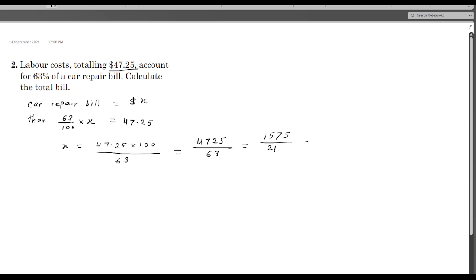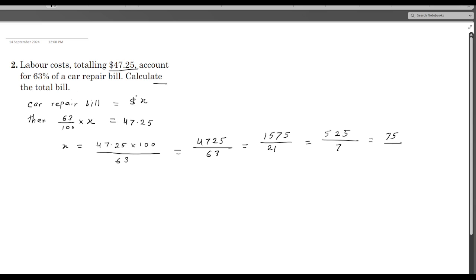Okay, again we can divide with 3, so 525 divided by 7. Now let us divide with 7. 7 7 the 49, 49 3 52, 35, 7 5 the 35. Okay, so the value of X is 35.